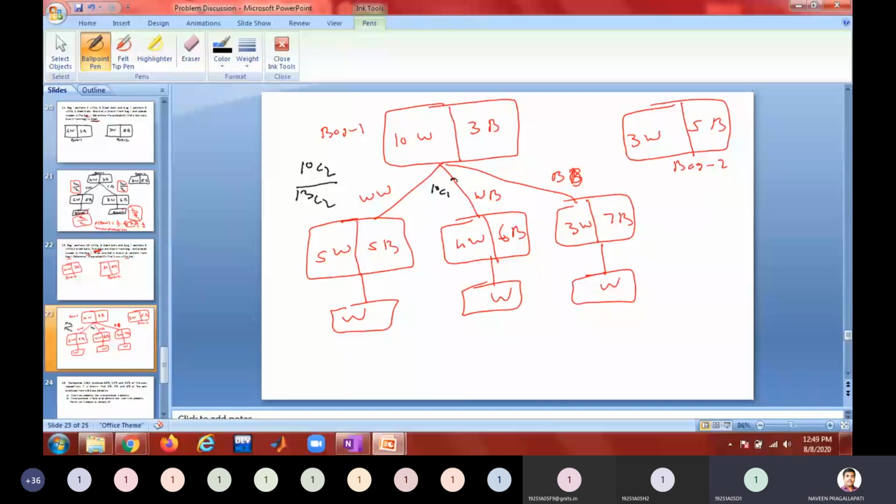And here I want white: 5C1 by 10C1, because only one ball is drawn from this. Okay, so I want only white, therefore 4C1 by 10C1, and 3C1 by 10C1. Therefore, what is the probability of drawing white?